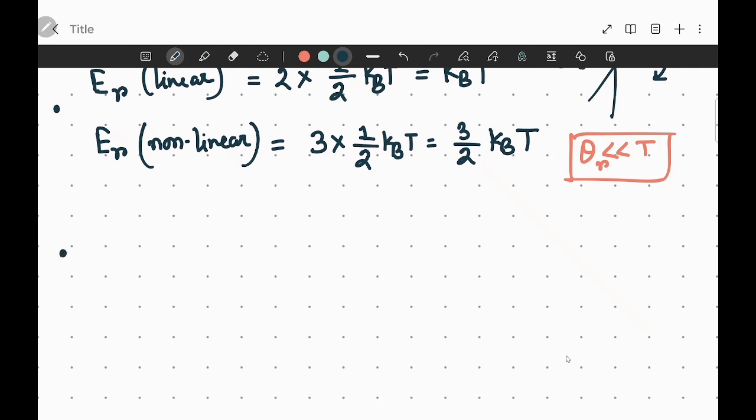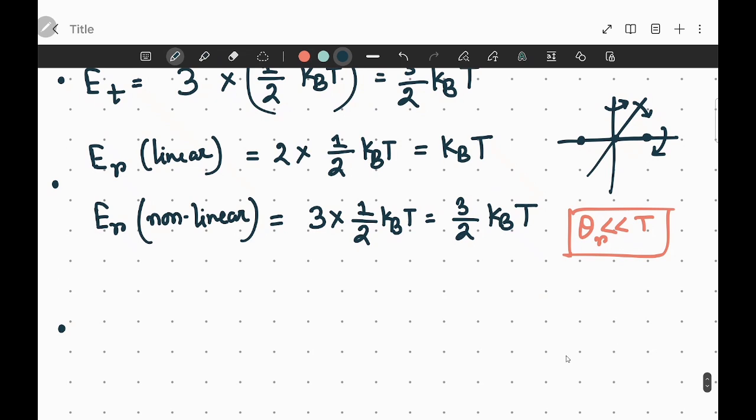If it is less than theta_R, then the temperature is very low, and in that temperature you can't apply the equipartition theorem. Equipartition is a classical result, and a classical result is very accurate in the higher temperature limit. You know these things. In the case of lower temperature, you have to consider statistical thermodynamics. That's why it's very important.